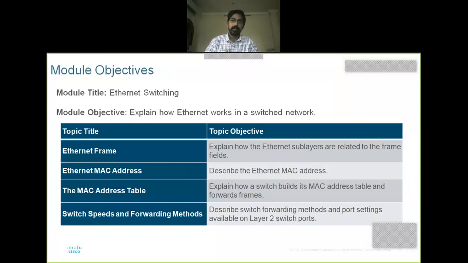This is the main topic. To perform all these operations, the main objectives are divided as follows. First, we learn about the Ethernet frame, and then what an Ethernet MAC address is, followed by the structure of the MAC address table, how a switch or a networking device forms a MAC address table, and then switch speed and forwarding methods.